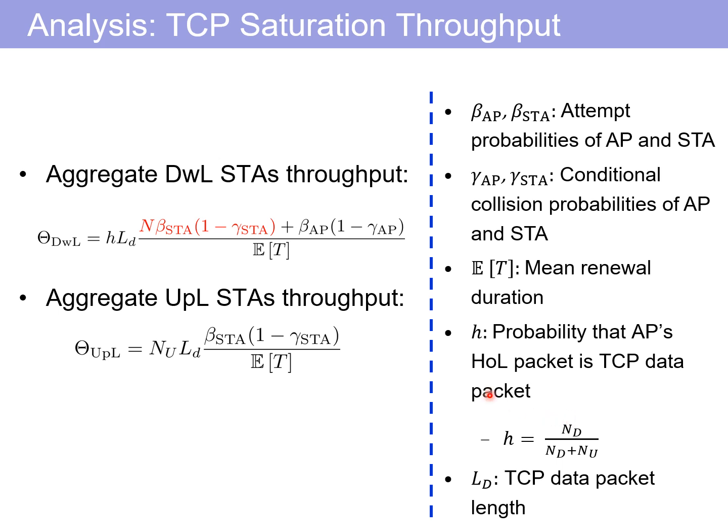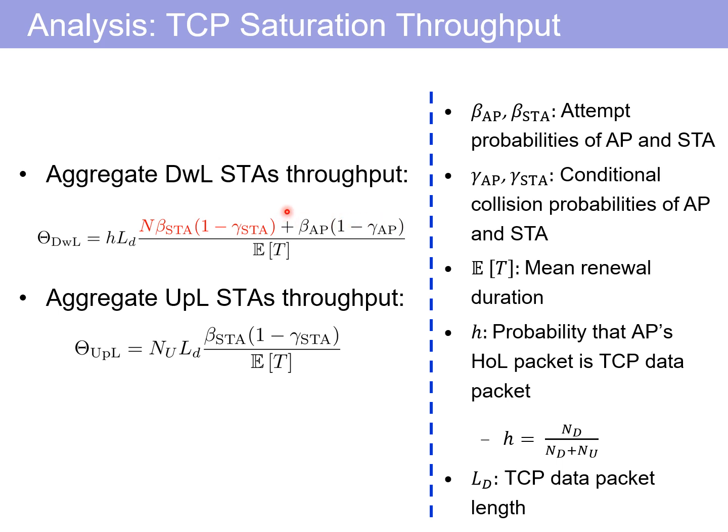The AP can be successful as a primary transmitter, which occurs with probability beta AP times 1 minus gamma AP. Over here, beta AP is the probability that the AP attempts an RTS packet transmission, and gamma AP is the conditional collision probability of the AP. In other words, it's the probability that the AP's RTS packet will collide given that it has attempted an RTS packet.